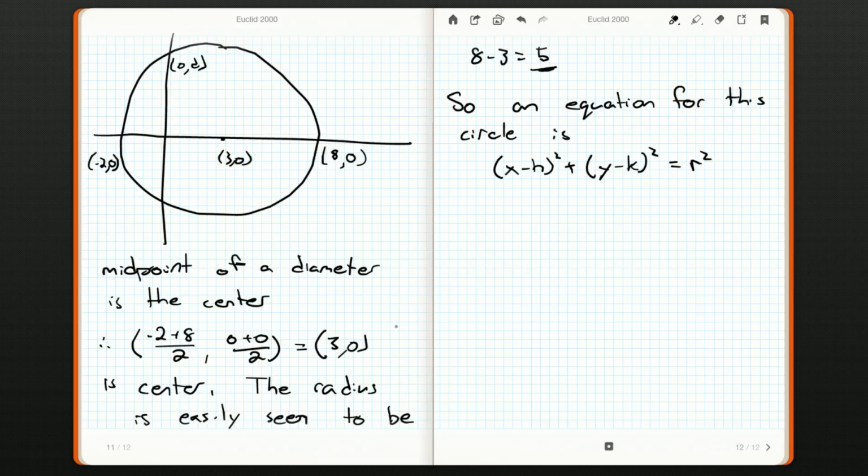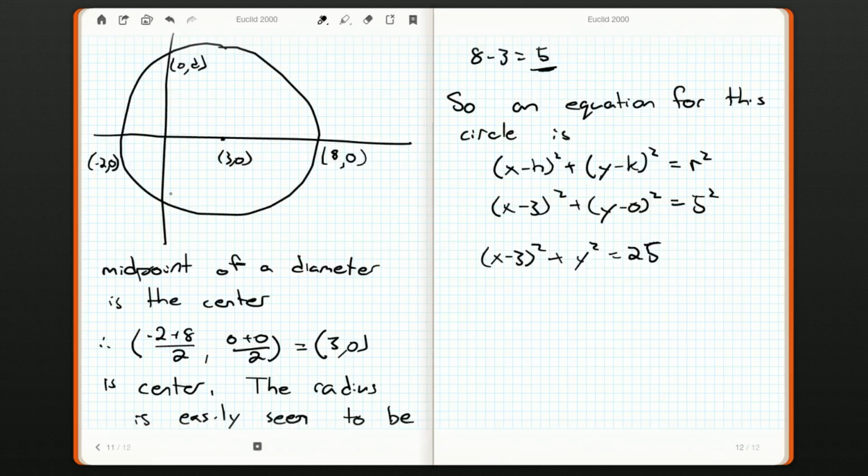They're 3 and 0, respectively. So (x minus 3) squared plus (y minus 0) squared. And we know what r is. It's 5. So our equation, if we simplify it a little bit, is (x minus 3) squared plus y squared equals 25. That is the equation of the circle.